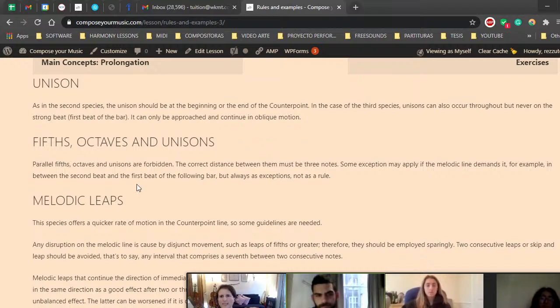Rules and examples. Unison. As in the second species, the unison should be at the beginning or the end of the counterpoint. In the case of the third species, unisons can also occur throughout, but never on the strong beat, the first beat of the bar. It can only be approached and continued in oblique motion. So at the beginning, at the end, yes.